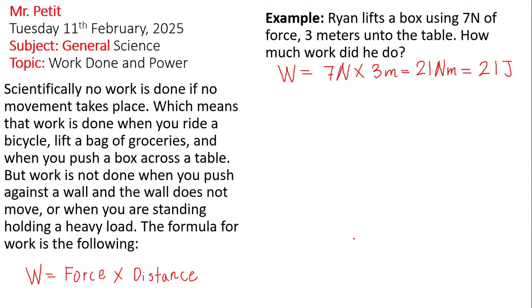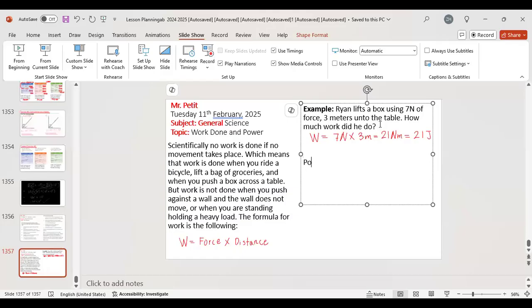Now we're going to talk about power. So we know how to calculate work. Let's do power. Power is a measure of the rate at which work is done.